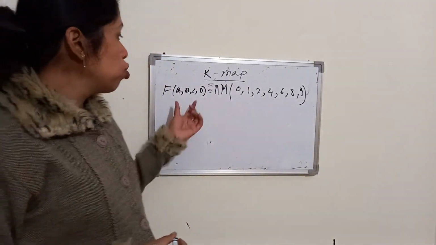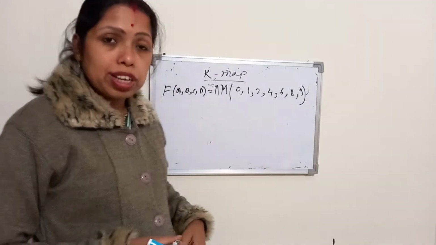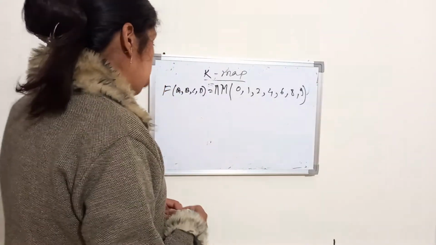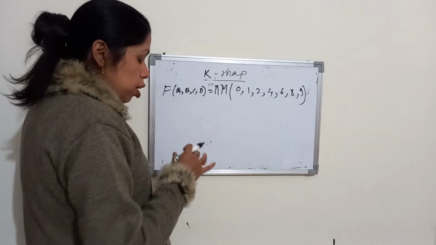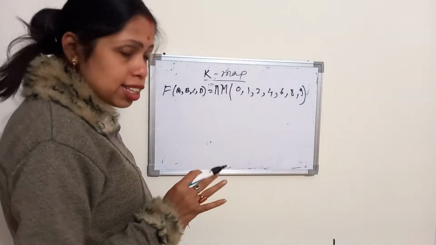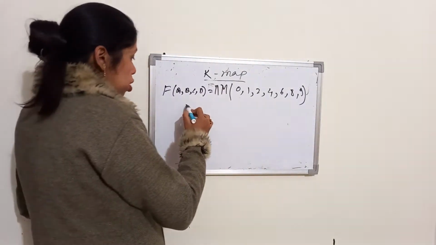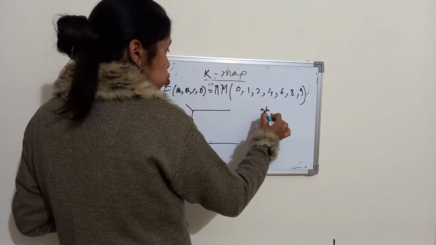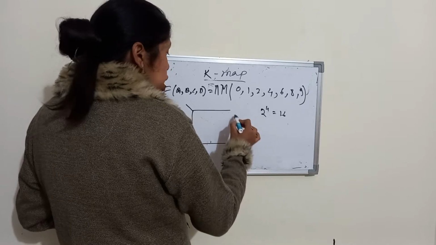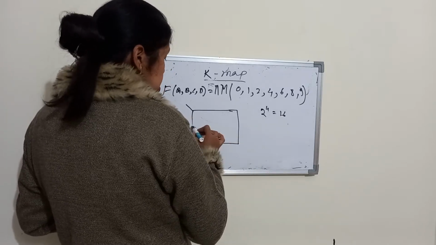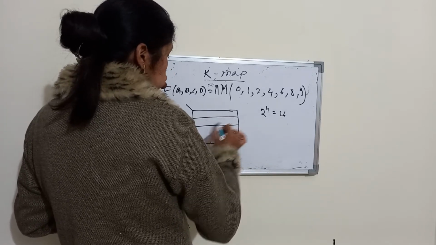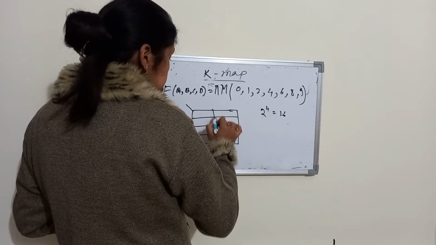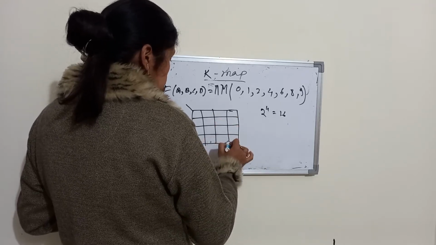So when you have the max term, how can you minimize it by using the KMF? First I am drawing the KMF structure, which is almost the same but with some differences. Four variables means how many combinations? 2 to the power 4 is 16 combinations, so I need a total of 16 cells.